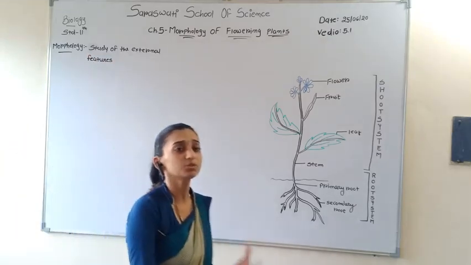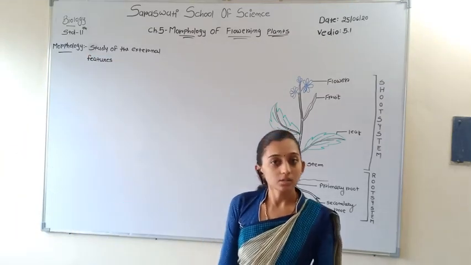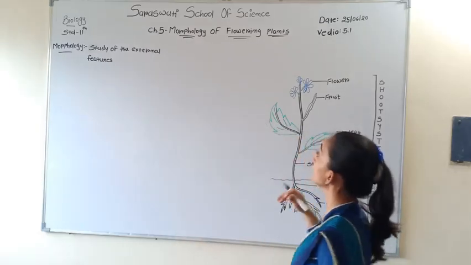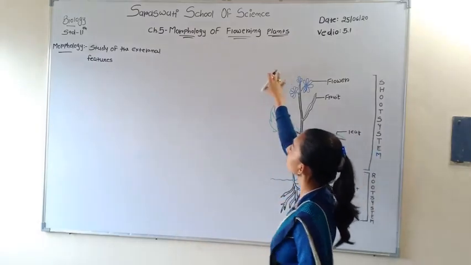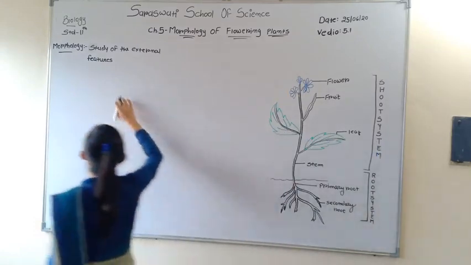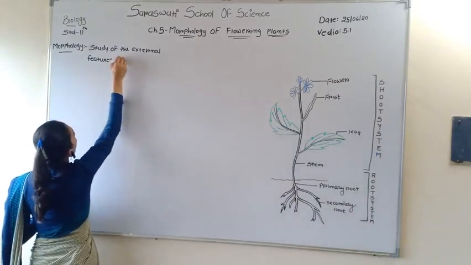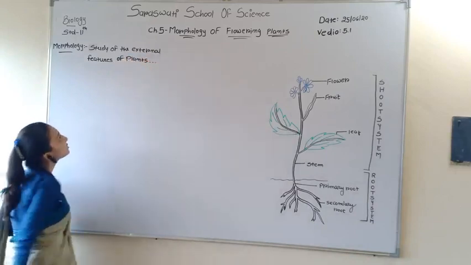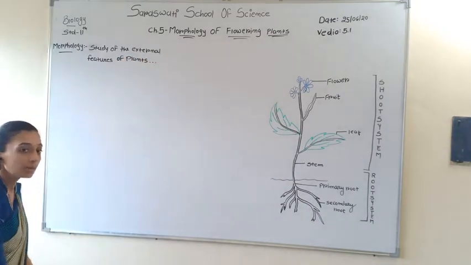Any type of external features you study, this study is known as morphology. In this chapter we study the morphology of flowering plants. So the study of the external features of plants is known as the morphology of flowering plants.